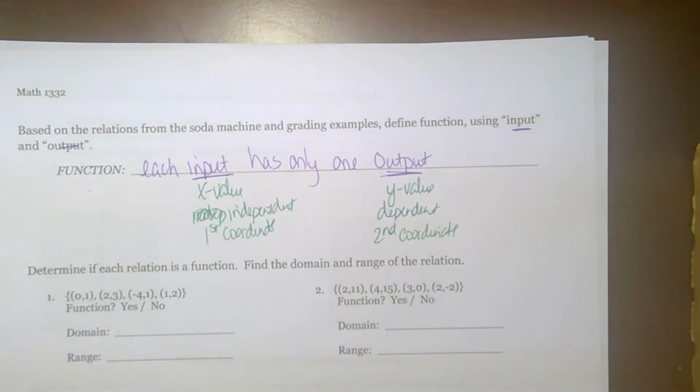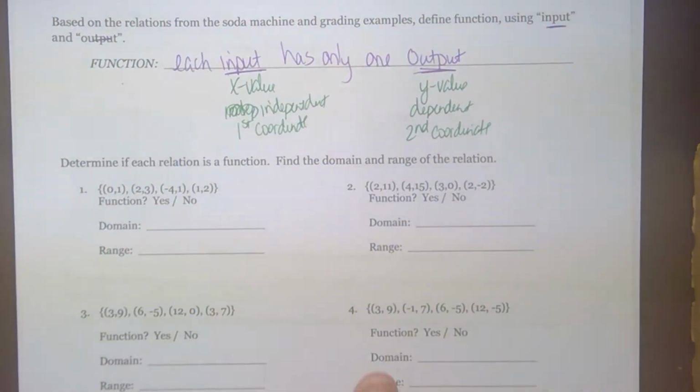Now we're going to start identifying domain and range for these relations and determining whether or not each relation is a function. Now, something I want you to make note of, in the MyMathLab homework, if it's going to ask you, is this relation a function? And if you say yes, it will ask you for domain and range. If you say no, it does not ask you for domain and range, or it lets you say it's not a function.